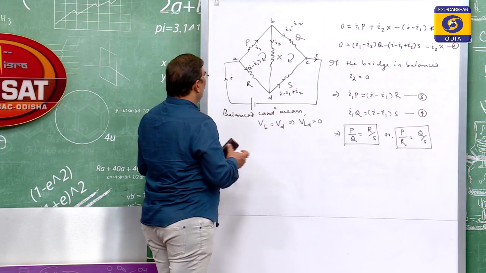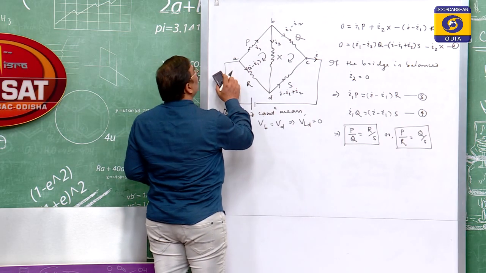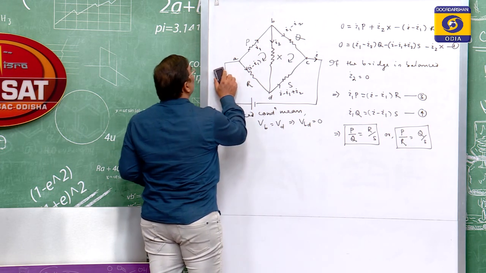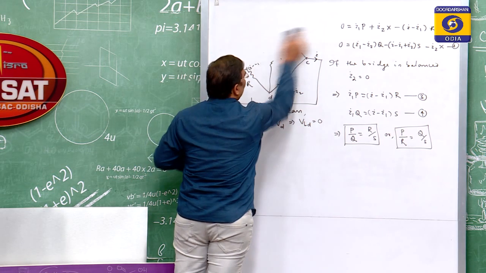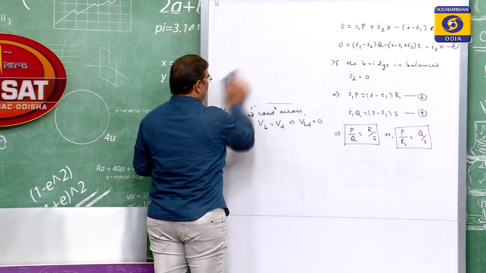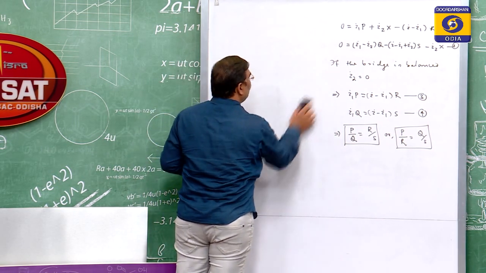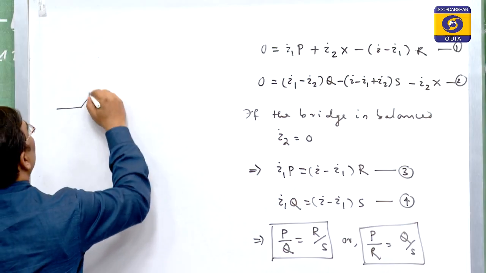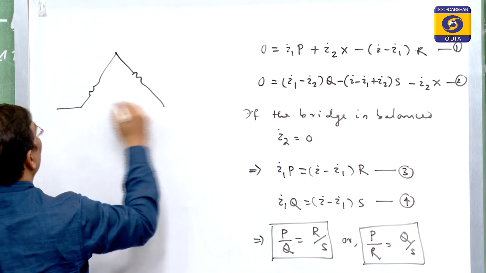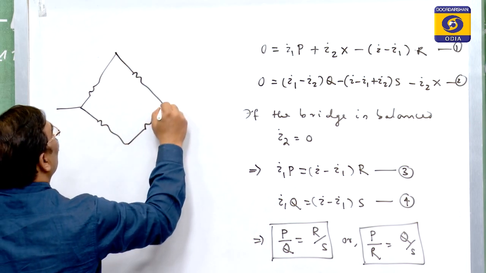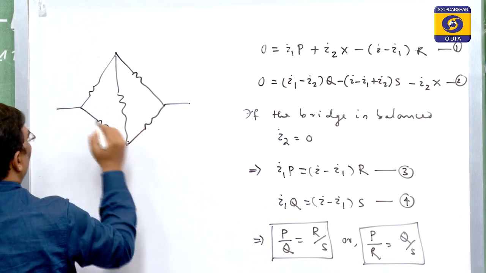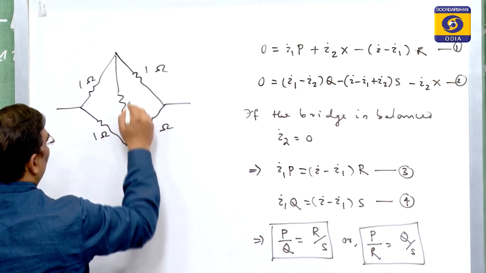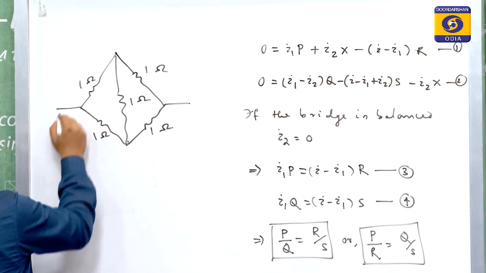So, to start with a practical problem, suppose we have a network like this: this is 1 ohm, 1 ohm, 1 ohm, 1 ohm, and this is also 1 ohm.